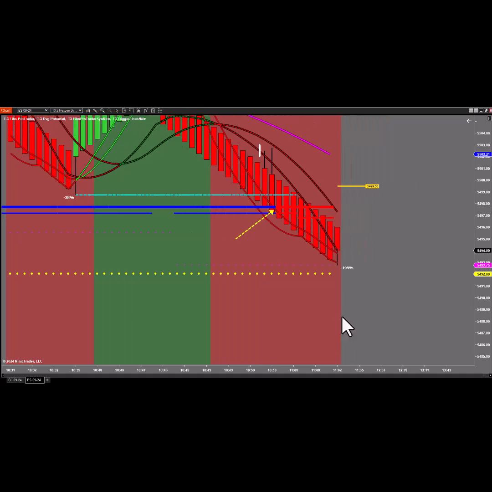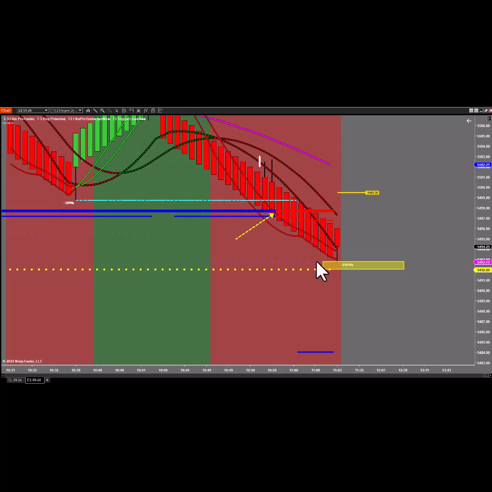And then we get to these one-to-ones. And a lot of times the overrun of a fib area is contained by the one-to-ones. So conceivably, we have to break below 92 to get our next short trade, or at least pull back into here to take a shot. I don't know what's going to happen.